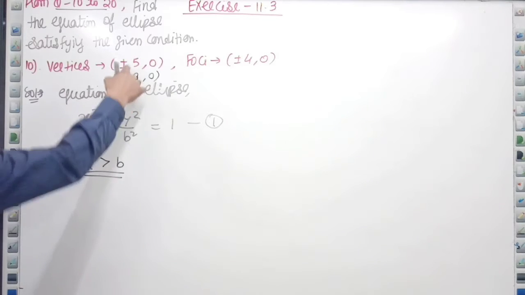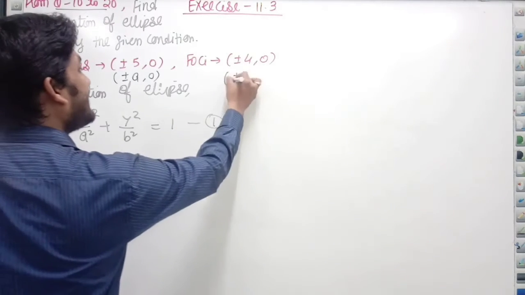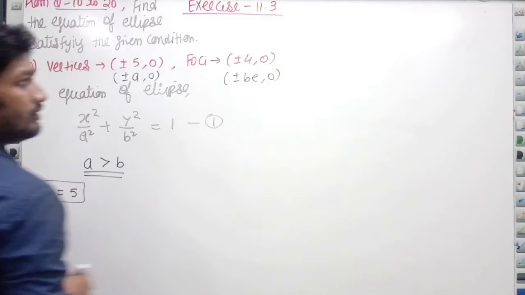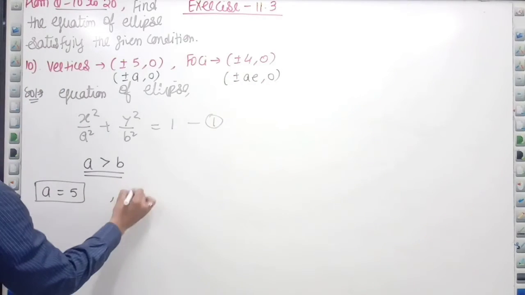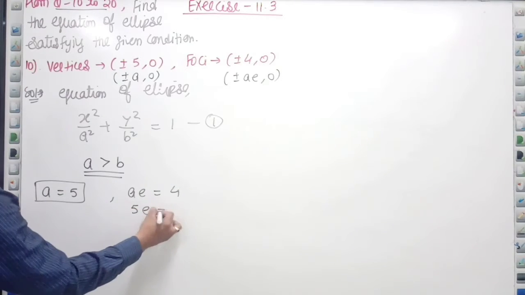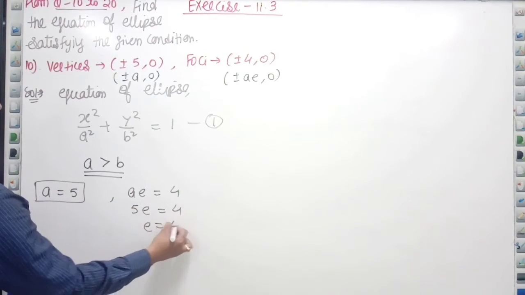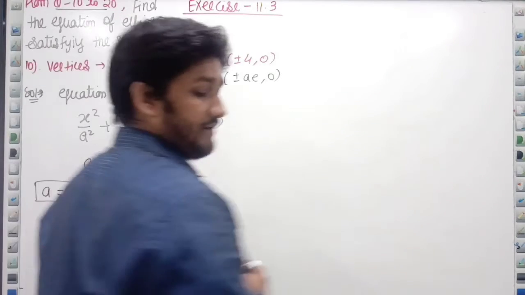So if I compare it, I can directly say a is 5. And foci plus minus c comma 0, so c is equal to 4, a is 5, so I can say e is equal to 4 by 5.